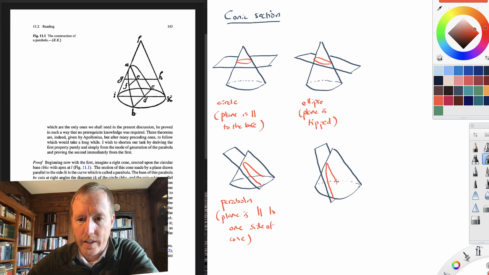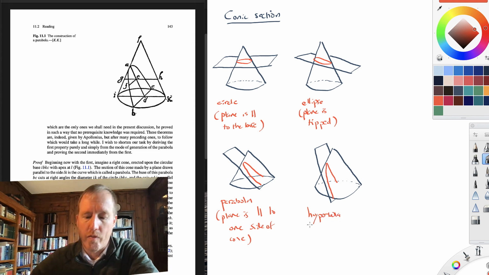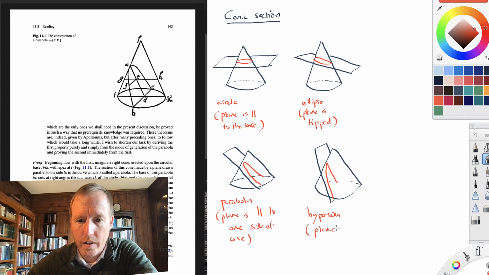If that is the case, then I will form what's called a hyperbola. That is, the plane is tipped more than for the parabola. Then it will form a hyperbola.